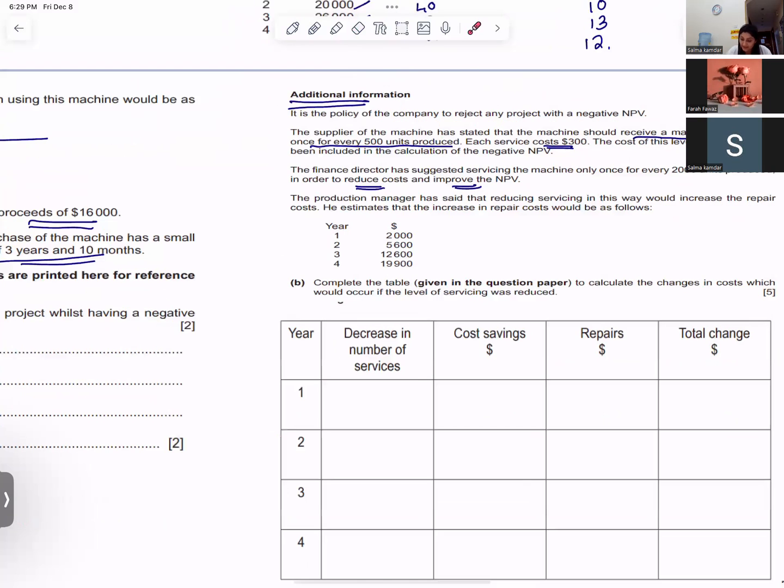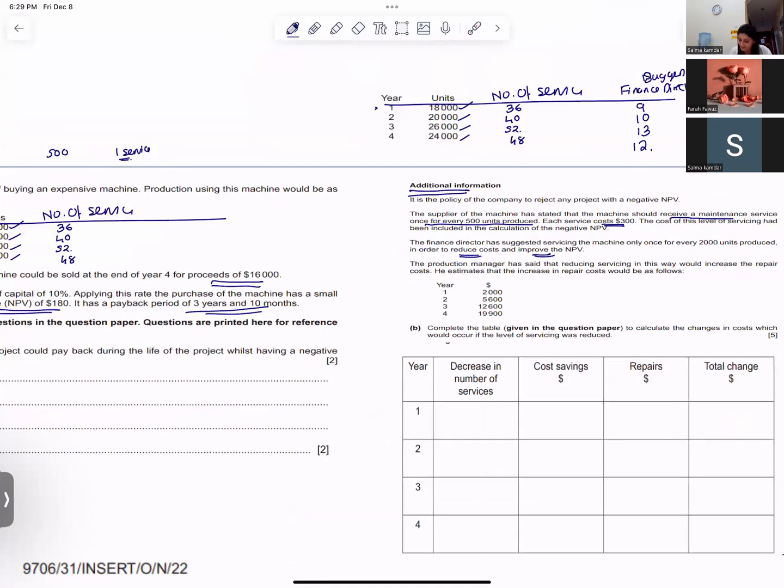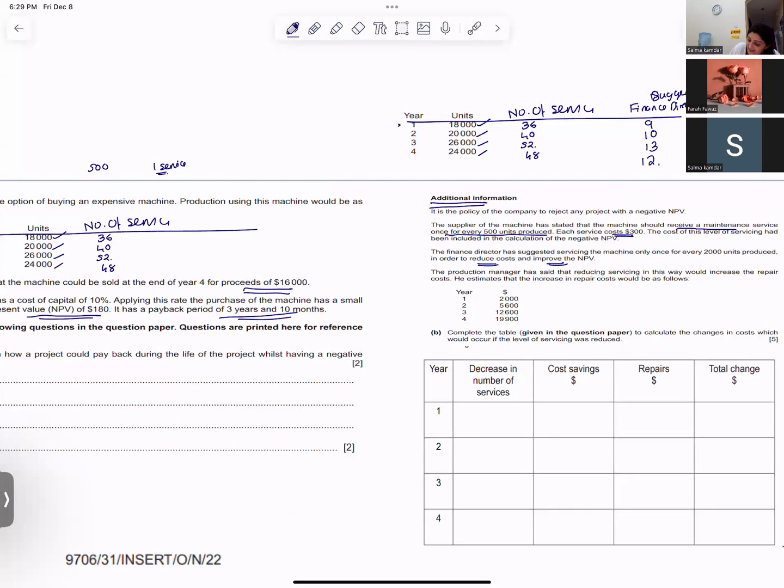So your first table is asking you to give the decrease in the number of services. So what would be the decrease in the number of services? The actual service required minus the actual that is done. Just minus it. So what is the decrease in the number of services for year 1?